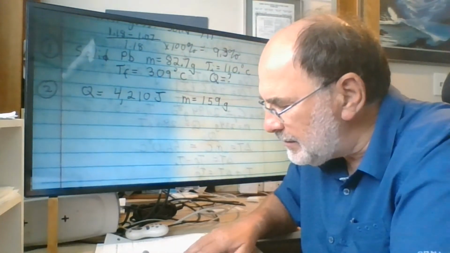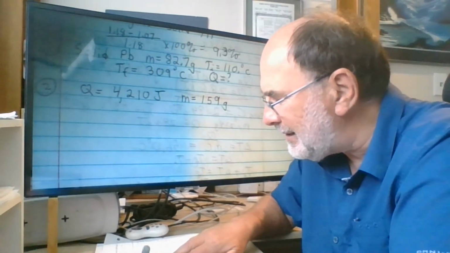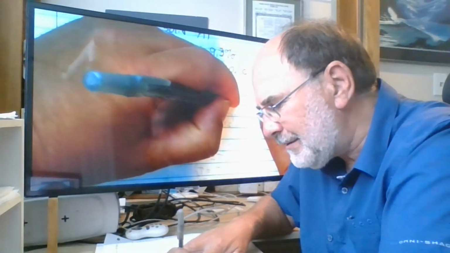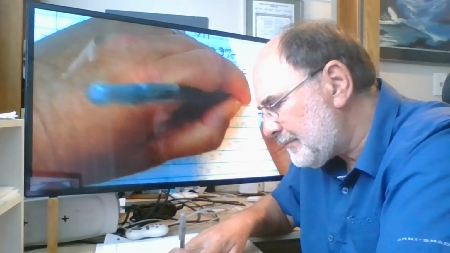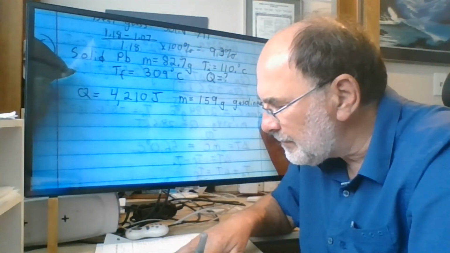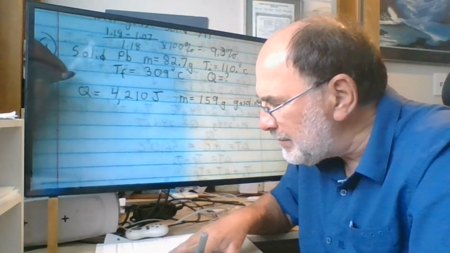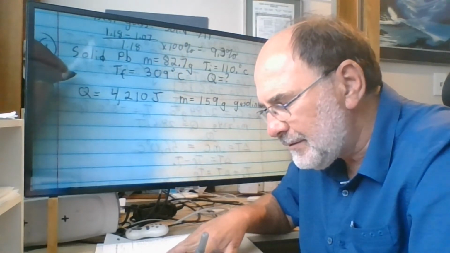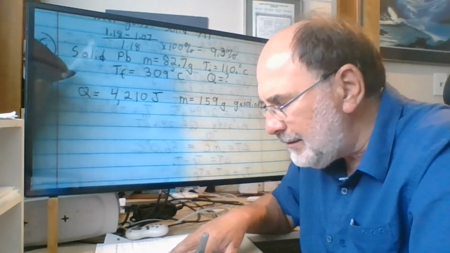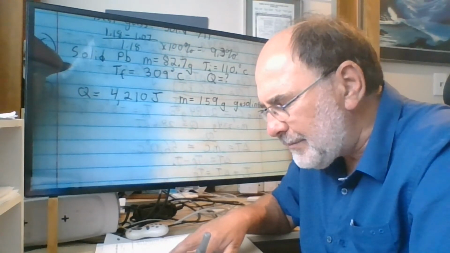The substance is gasoline, so clearly that's going to be liquid. Probably shouldn't have picked this though, right? Who knows what's going to happen here. And we're solving for final temperature.